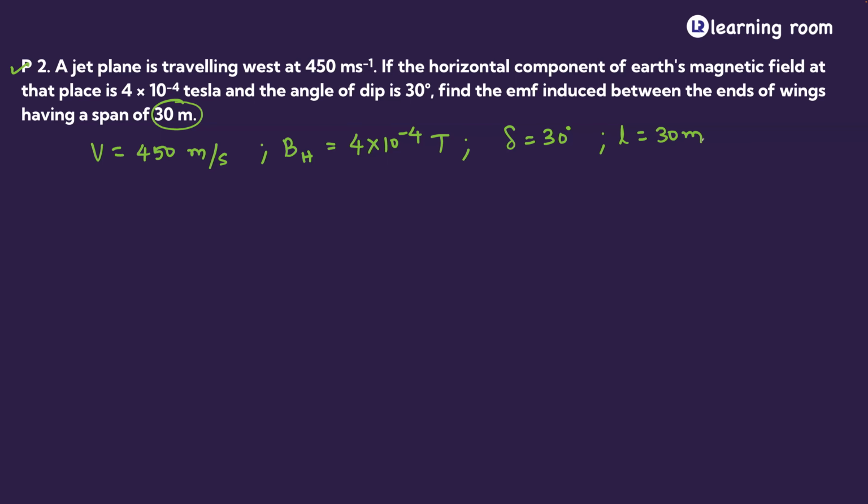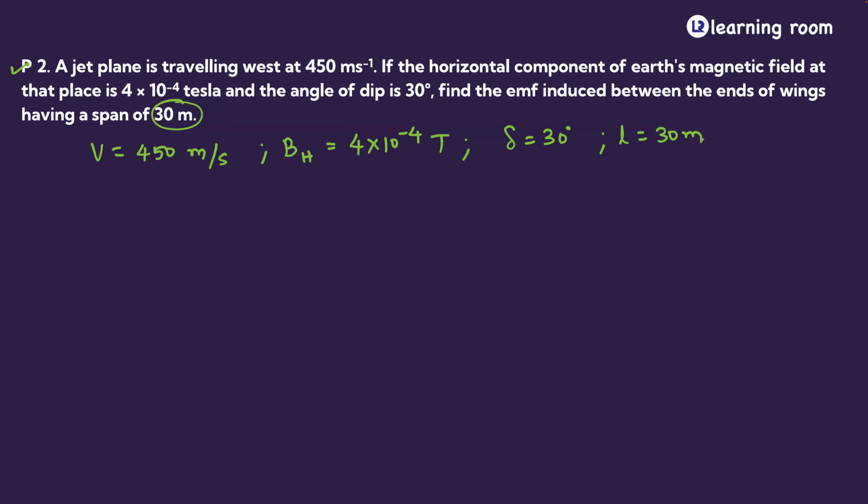If you observe, this problem is similar to the previous one, except the fact that there they gave the vertical component of magnetic field. Here they have given you the horizontal component. So for you to find out the motional EMF, all that we need is the vertical component, because the plane is going to go in this direction. You need a velocity, you need a magnetic field.